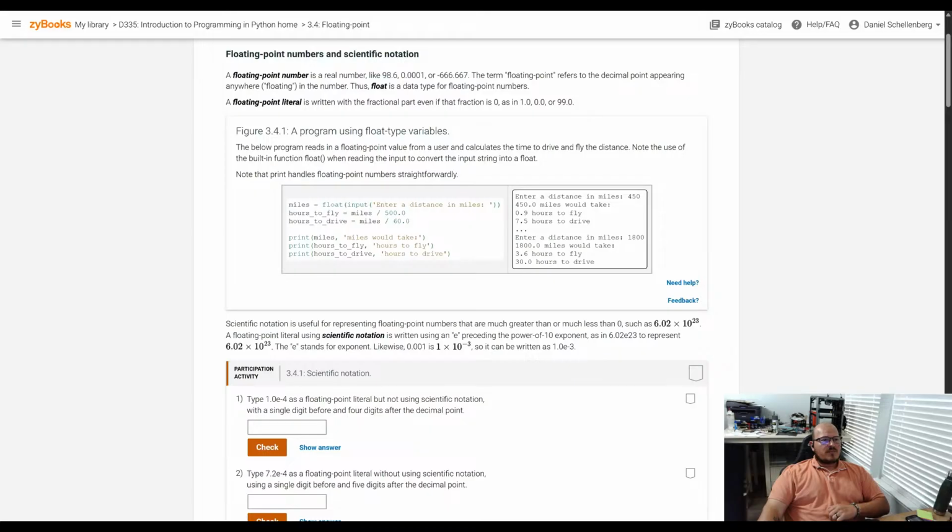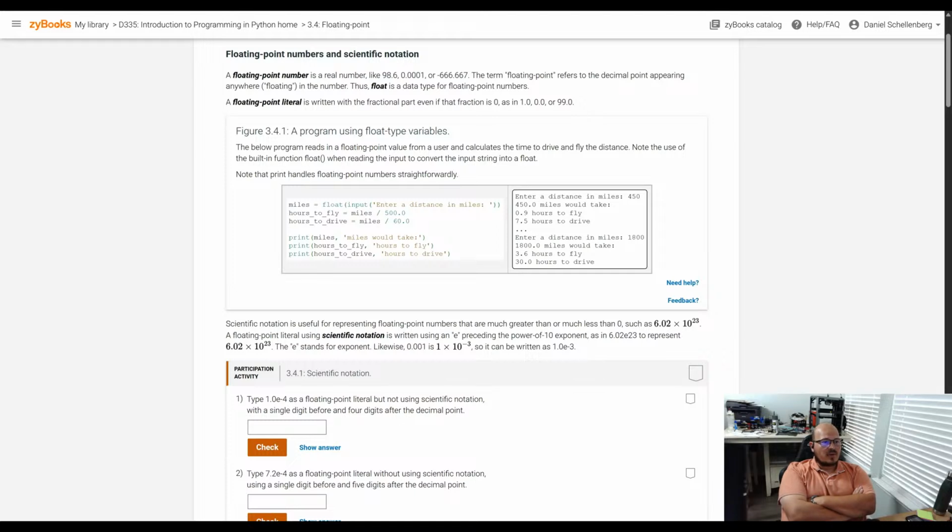A program uses float type variables. The below program reads in a floating point value from a user and calculates the time to drive and fly the distance. Note the use of the built-in function float when reading the input to convert the input string into a float.